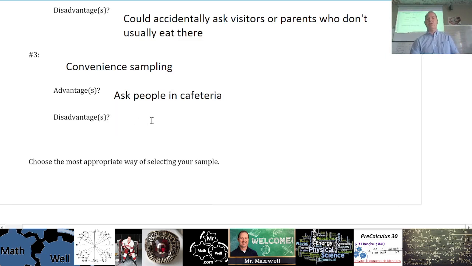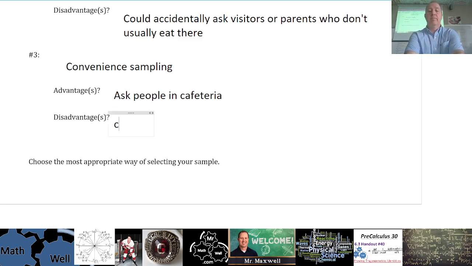What's a disadvantage of convenience sampling? If you just ask the people in the cafeteria, it's just people that are there on a certain day, or people at a certain table. Maybe you're not eliminating bias so much because you might be asking groups of people that are just there on one day.